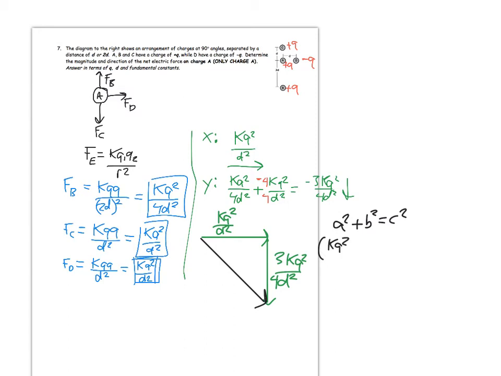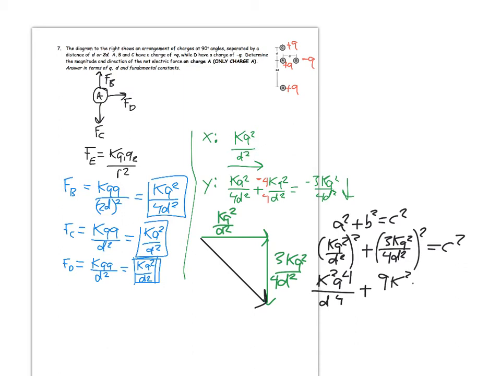So kQ squared over D squared, that quantity squared, plus 3kQ squared over 4D squared, that quantity squared, equals C squared. And so we end up getting k squared Q to the fourth over D to the fourth when we square that first term, plus 9k squared Q to the fourth over 16D to the fourth. It's equal to C squared. Two things we can do.